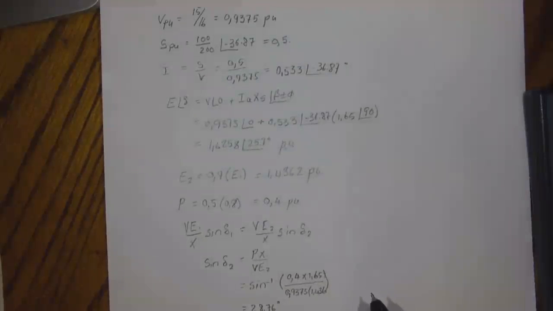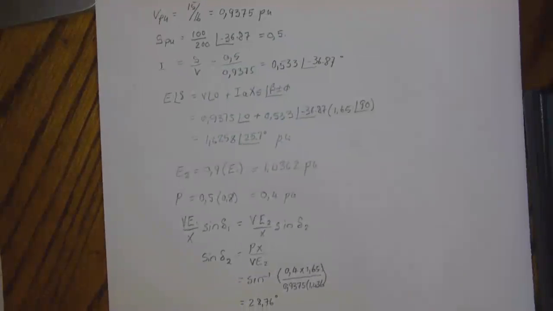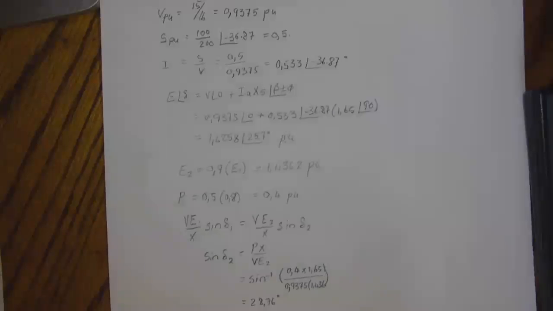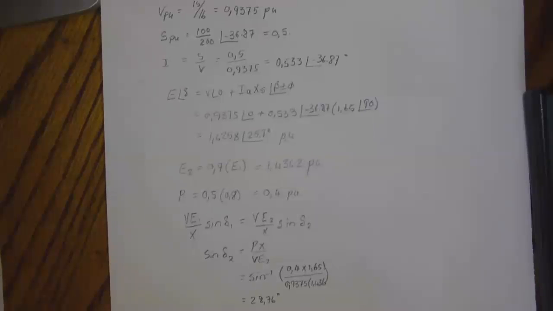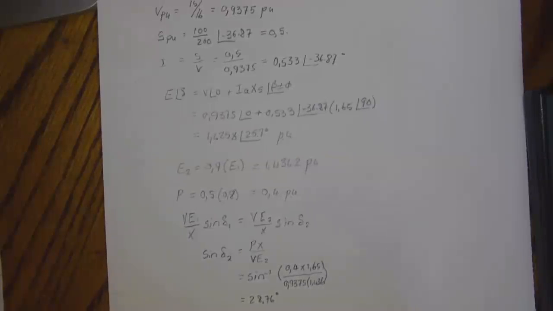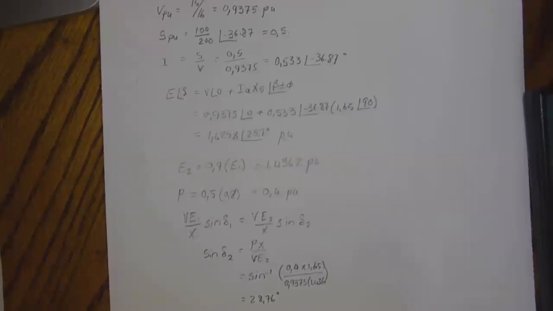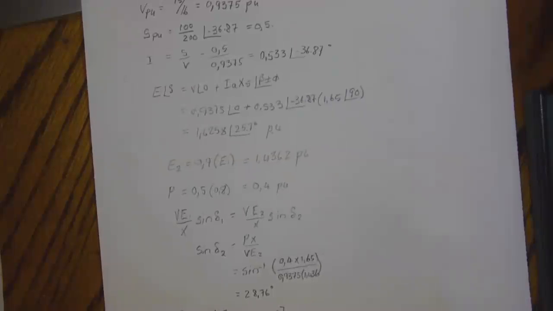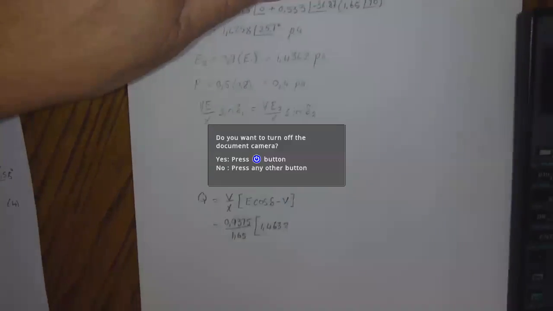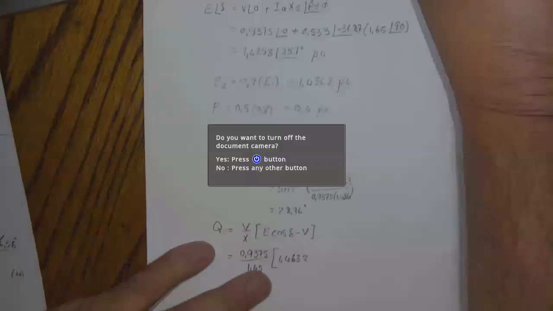And then the reactive power, Q, is V over X, E cos delta minus V. So again, V is 0.9375 over 1.65. And that was 1.4632. Thank you.